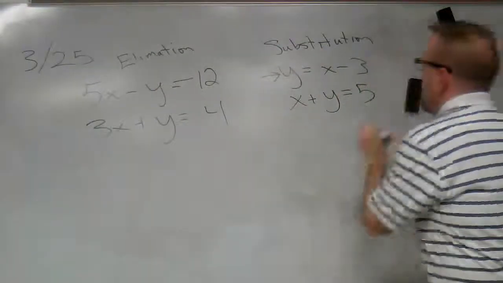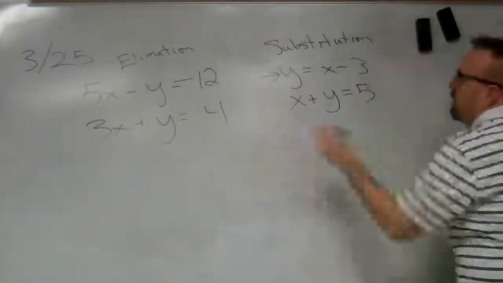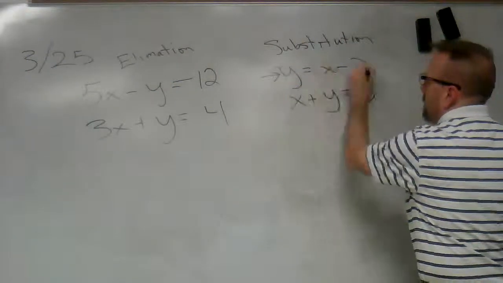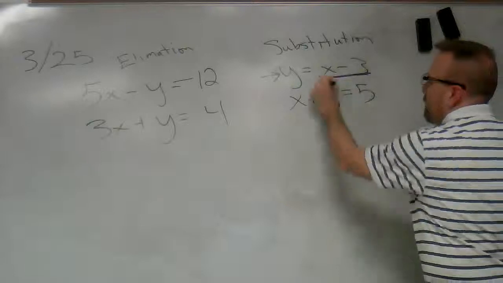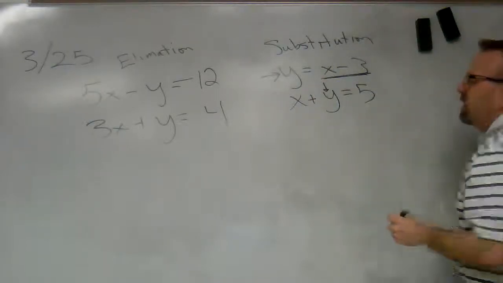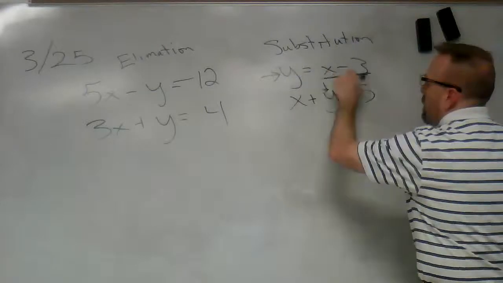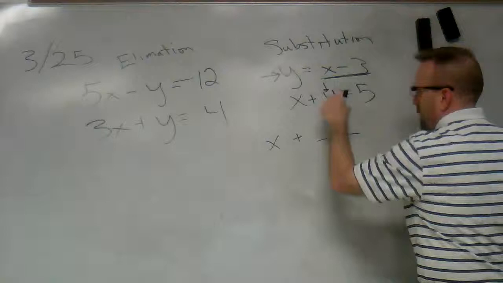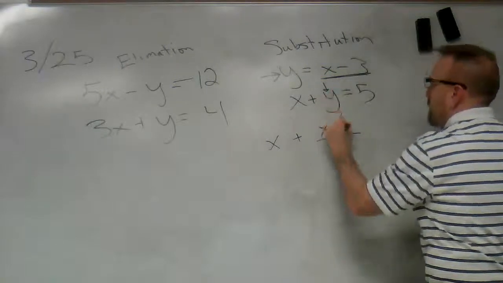So let's first do one with substitution, and then we'll go over elimination. Since we have y equal to something, we're going to take what it's equal to and replace it in the second equation. So in place of y, we're going to put x minus 3, not x plus 3.